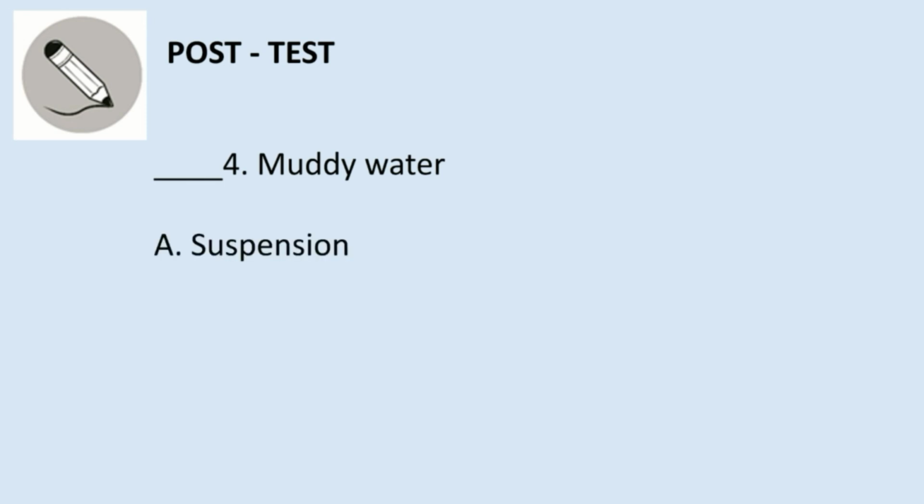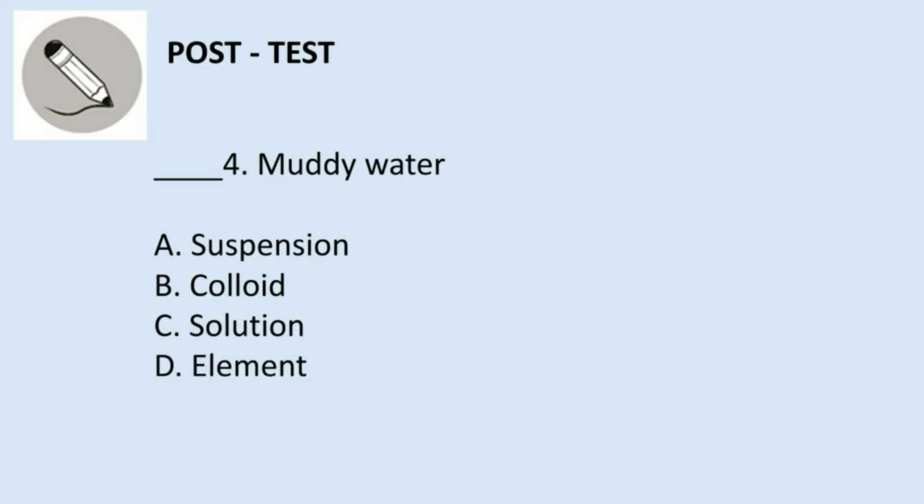Muddy water, A. Suspension, B. Colloid, C. Solution, D. Element. Once again, muddy water is an example of A. Suspension, B. Colloid, C. Solution, D. Element.